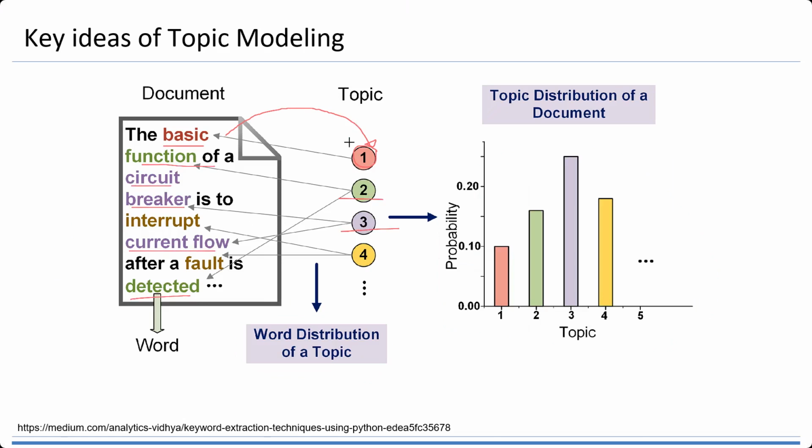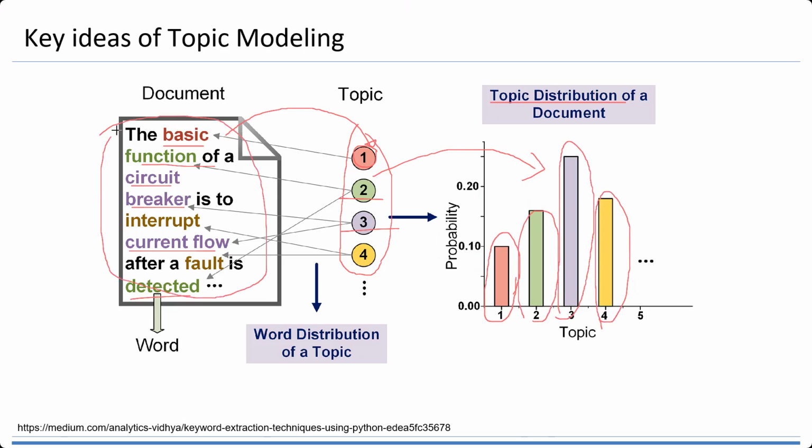And after we know those topics, if we already make this categorization, then we can create the topic distribution. So the topic distribution means how many documents are related to topic 1, how many documents are related to topic 2, how many documents are related to topic 3, how many documents are related to topic 4, and then we create some kind of word distribution again.